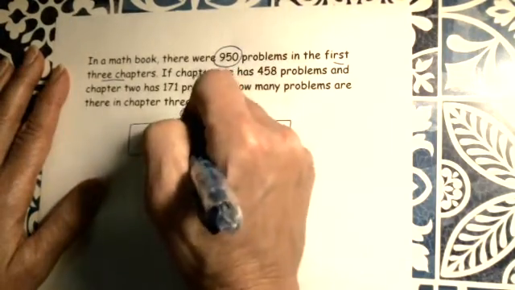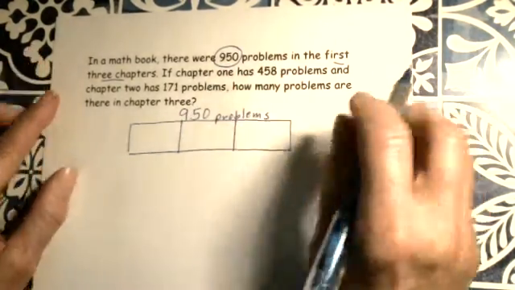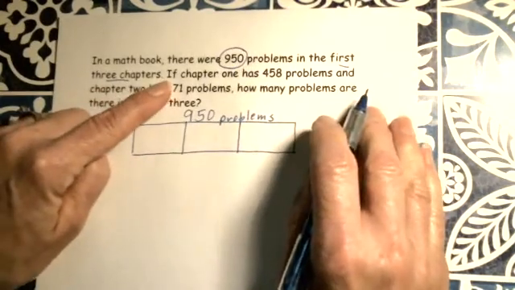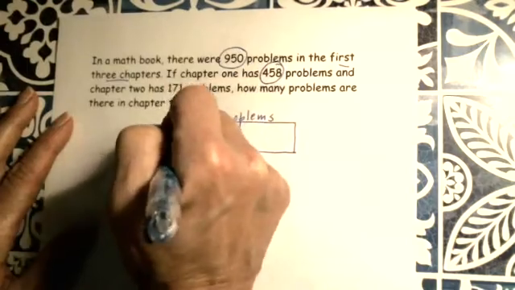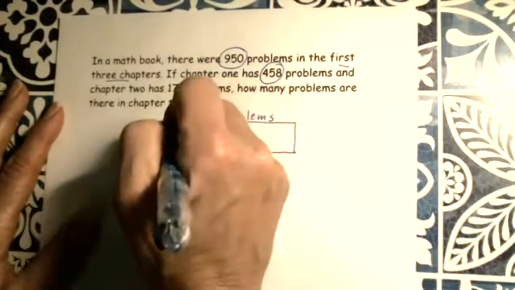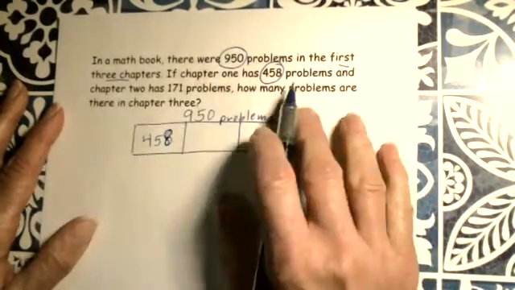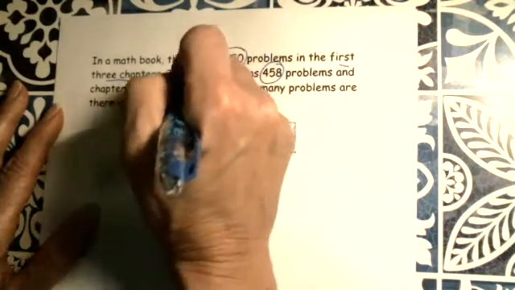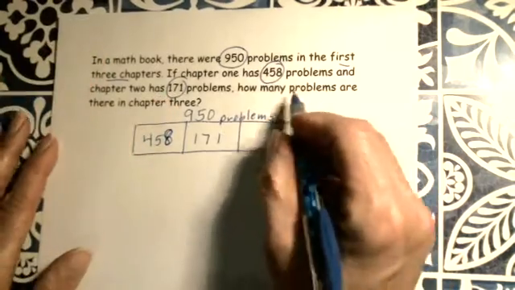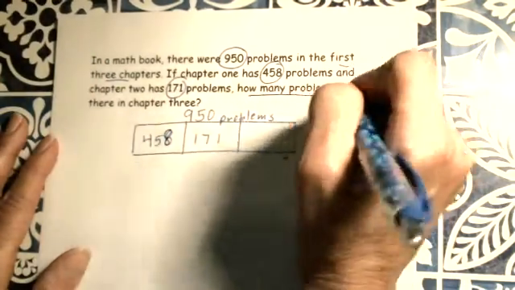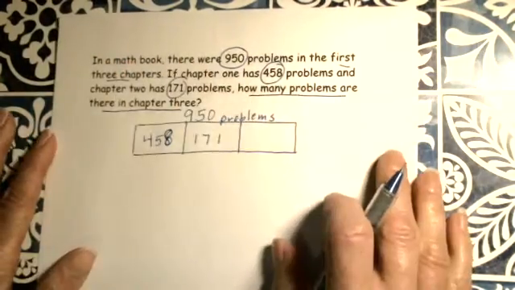Okay, so there's 3 chapters that they're talking about. If chapter 1 has 458 problems, sorry, that's a sloppy 8, and chapter 2 has 171 problems, how many problems are there in chapter 3?